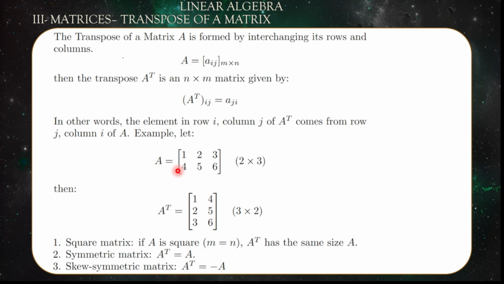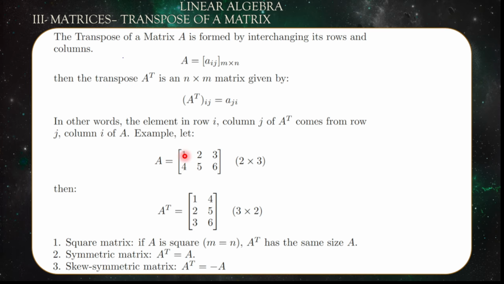Example, let A be equal to 1, 2, 3, 4, 5, 6. So the line simply becomes the column. This first row becomes the first column, and the second row, which is 4, 5, 6, becomes the second column. It's like turning this matrix row by row 90 degrees.